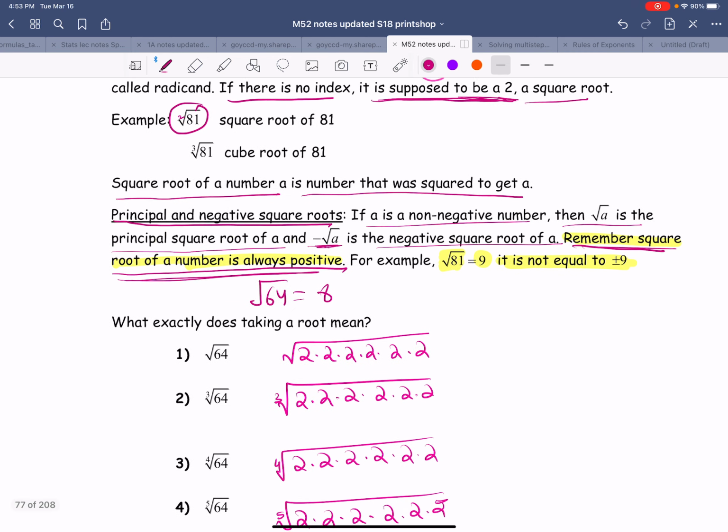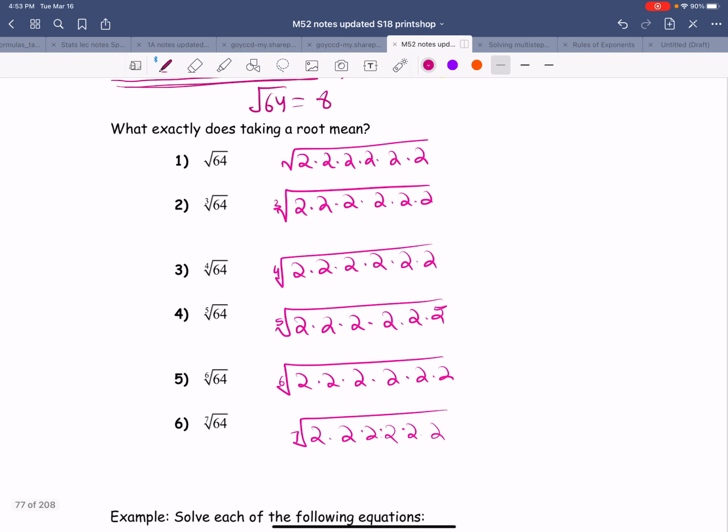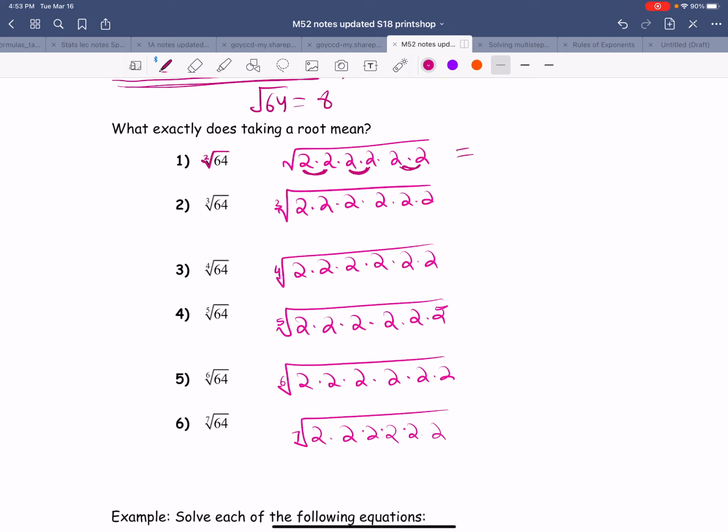What exactly does taking a root mean? Let's look at some examples. I'm going to do prime factorization of 64, the radicand, the number inside. What does the square root of 64 mean? That means how many pairs of 2's do we have inside. For each pair of 2's inside, one 2 will come out of the radical.